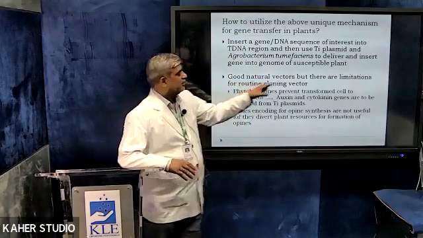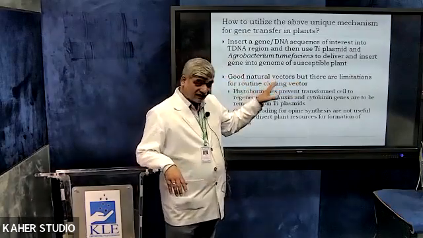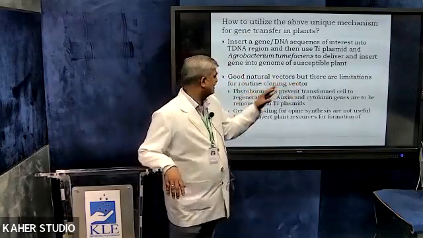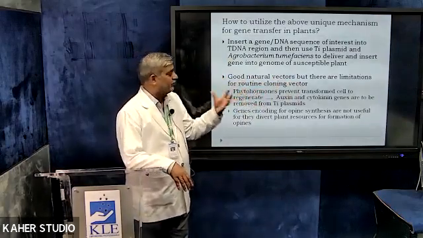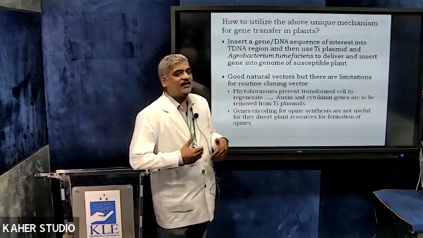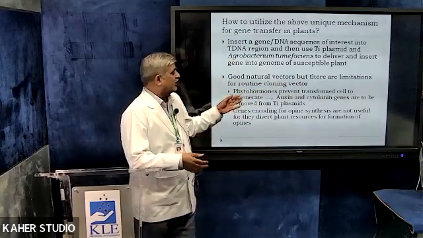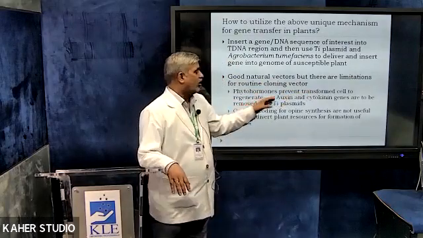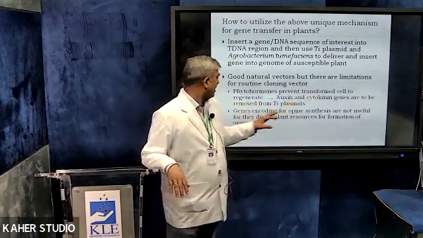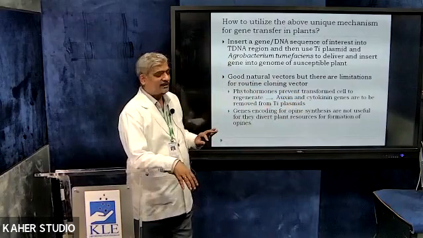So Ti plasmids are good natural vectors, but there are certain limitations to using the existing Ti plasmids, therefore they are modified. Phytohormones prevent regeneration after transformation, so the auxin and cytokinin genes are to be removed from the Ti plasmids.